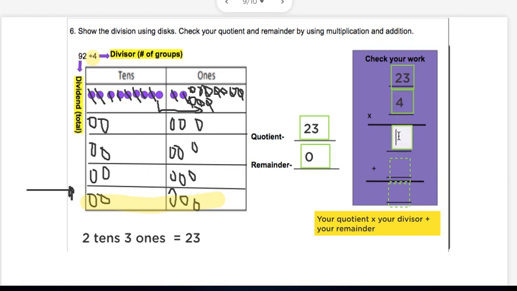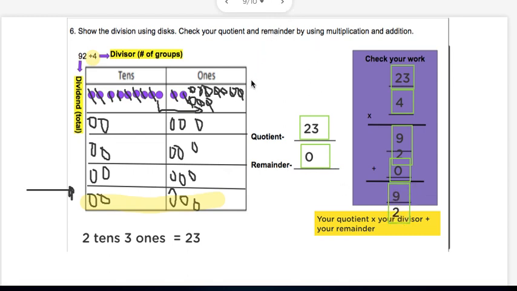What'd you get? Good job. I got the same thing. 92 plus our remainder. Our remainder is 0. So what's 92 plus 0, y'all? Good. It's just 92.